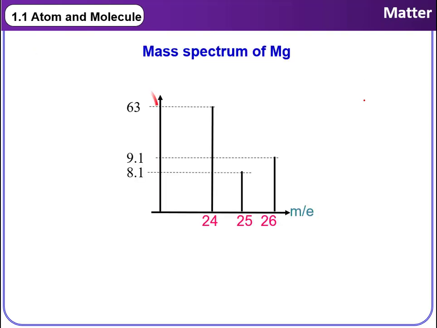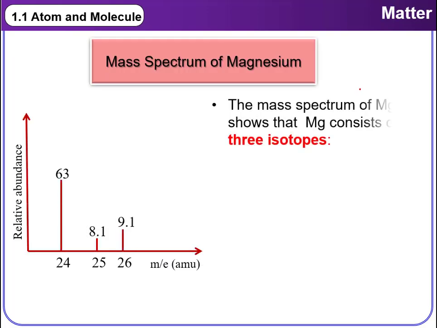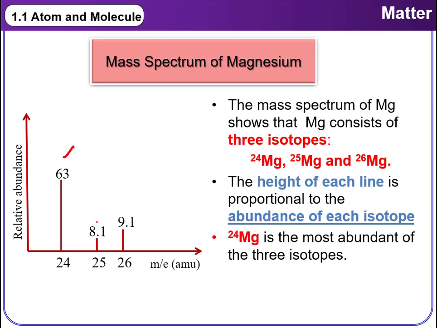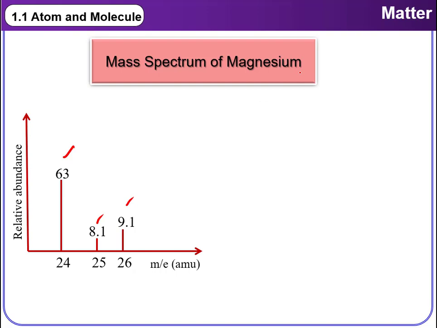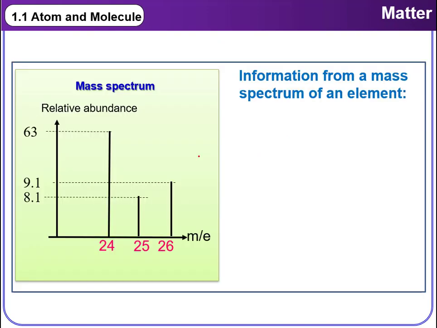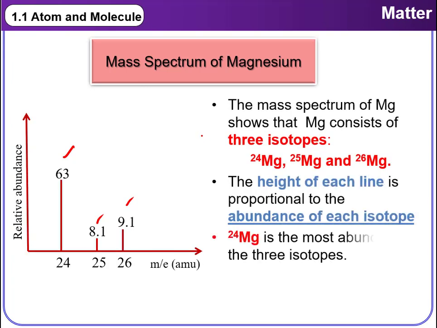An example here, we have the mass spectrum for magnesium. Since we have 3 peaks, ada 3 puncak, we inject the sample of magnesium in that mass spectrometer. Once we inject the sample, we have 3 peaks, which then we know that magnesium has 3 isotopes.